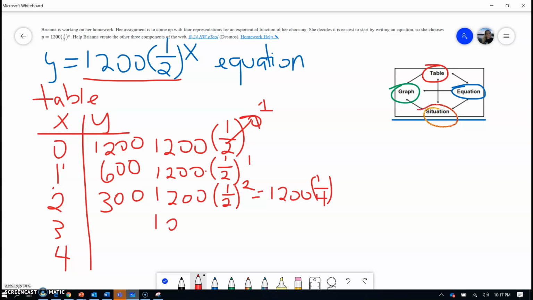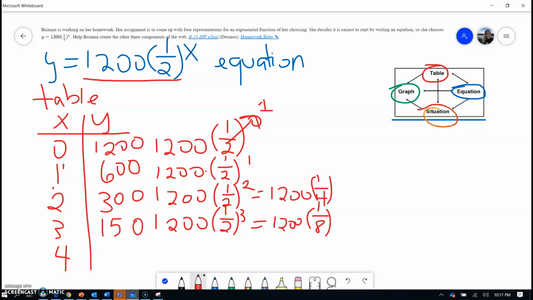Let's keep going. 1200 times 1/2 to the power of 3. So 2 times 2 times 2 is 8. So this becomes 1200 times 1 over 8. And 1200 divided by 8, what's that going to give me? I think it's 150.